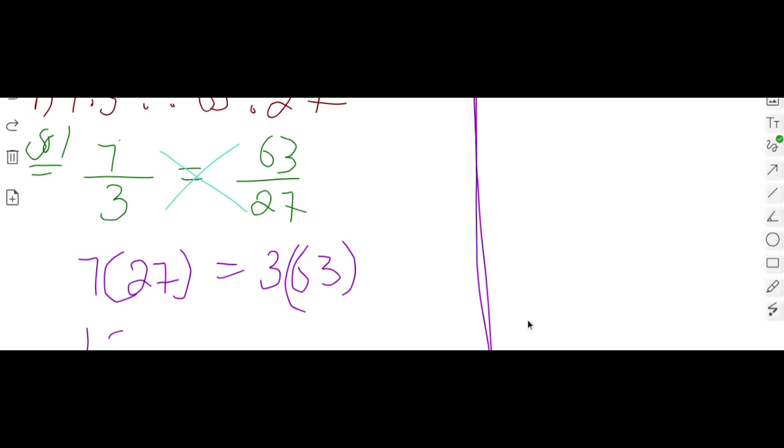Now do the 3 multiplied by 63, that is 189. See, we are getting the same answer.